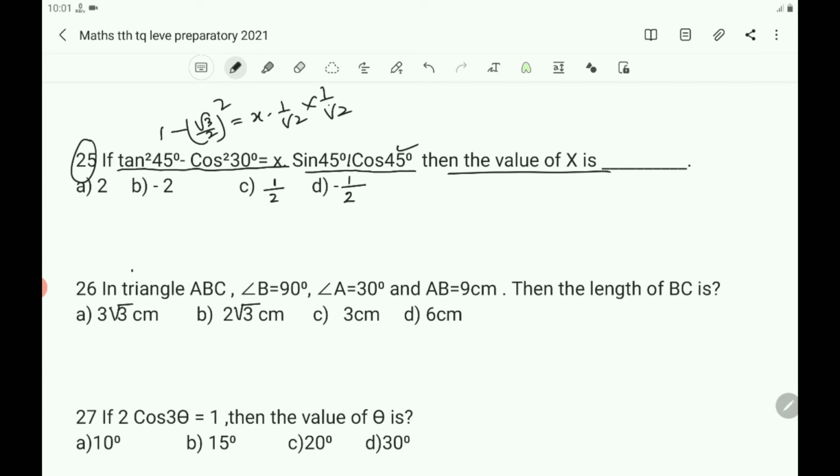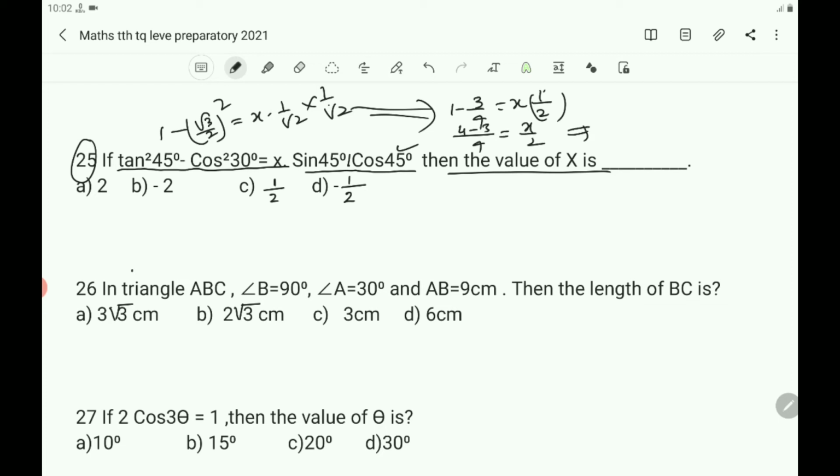So you will get the relation 1 minus (root 3 by 2) whole square, which is 3 by 4, equals x into 1 by root 2 into 1 by root 2, which is 1 by 2. Then the LCM here becomes 4, and it is (4 minus 3) by 4 equals x by 2.